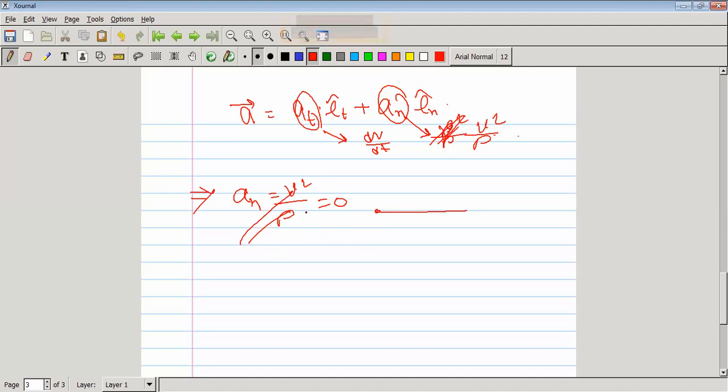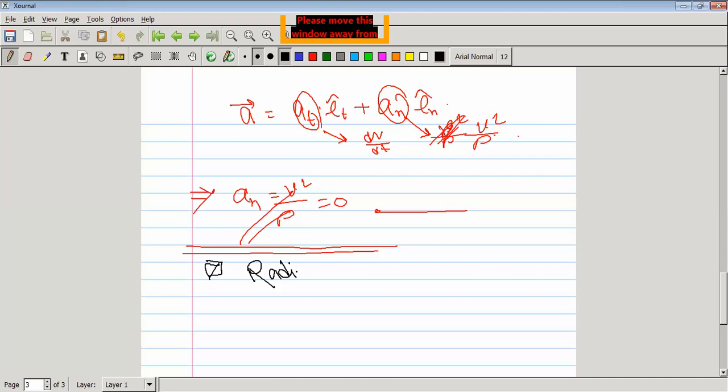Now another coordinate system is there, that is called the radial and transverse component. In the tangential and normal components, the coordinate system and particle change position as well as orientation, right?